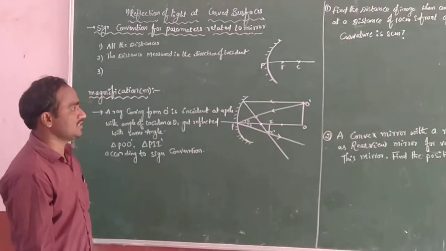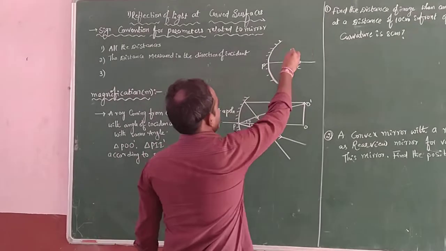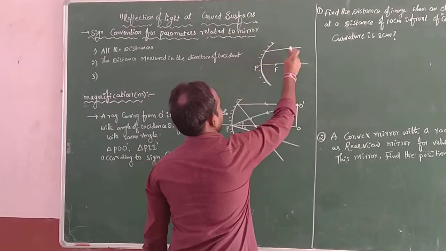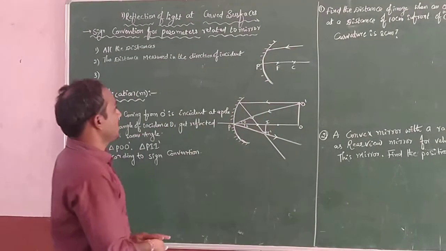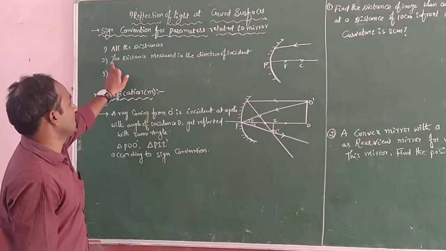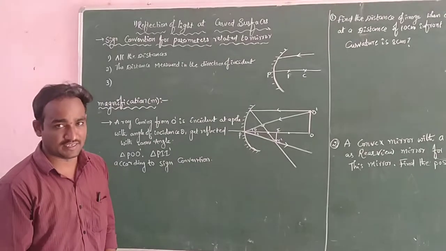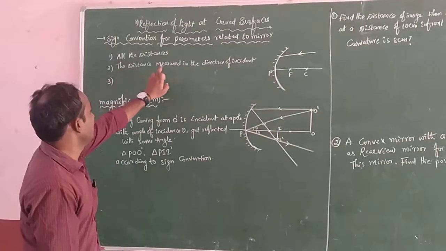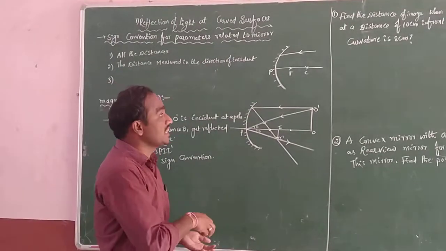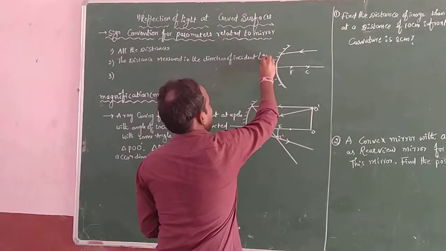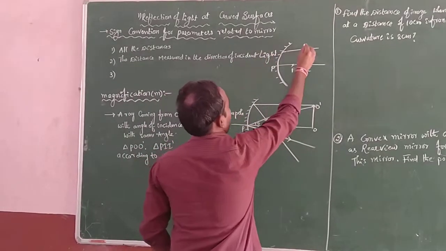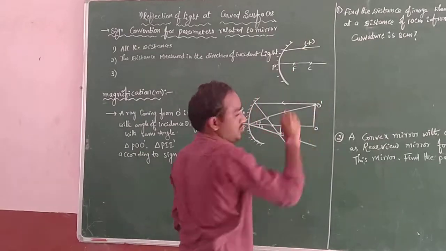And the second one is, here is an incident ray. Every incident ray, the distance measured in the direction of the incident light, is taken to be positive.